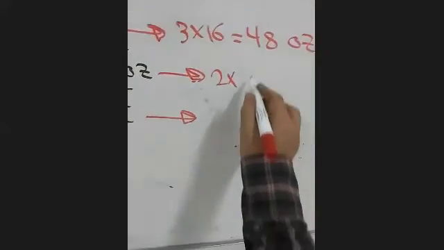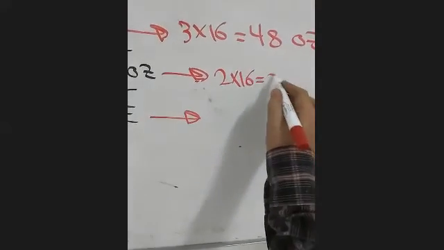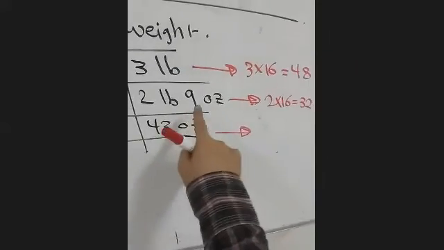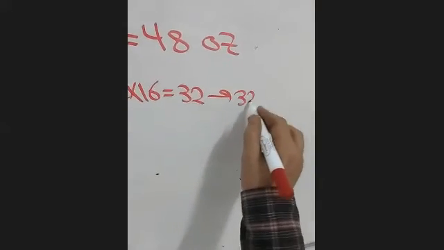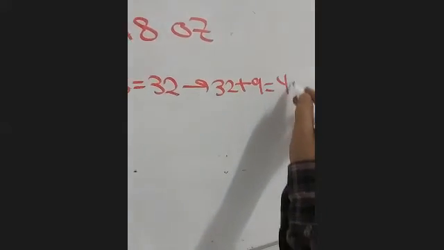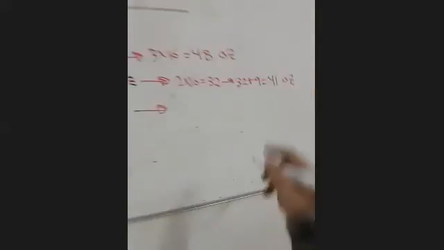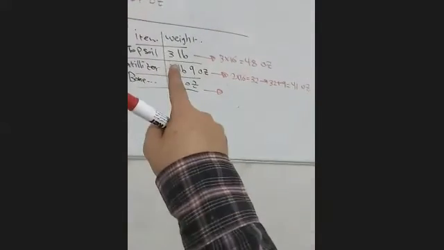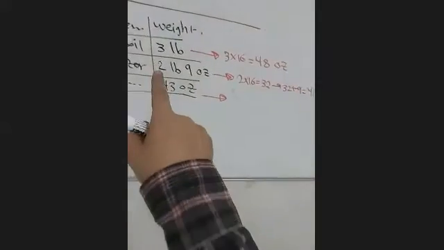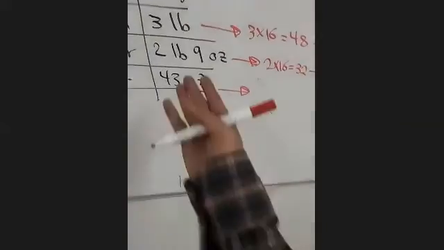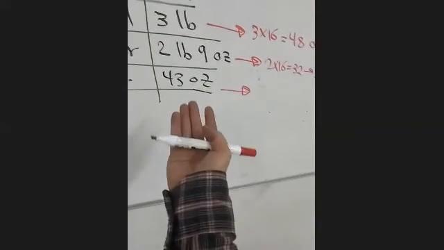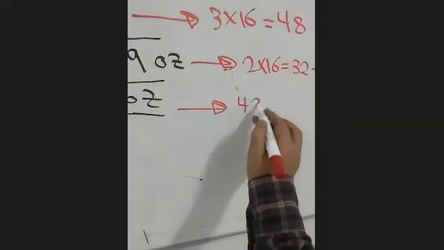By multiplying by 16, which equals 32. Plus 9 is 41 ounce. So the 3 pound is 48 ounce, and the 2 pounds and 9 ounce is 41 ounces. The third one is ready, it is ounce.